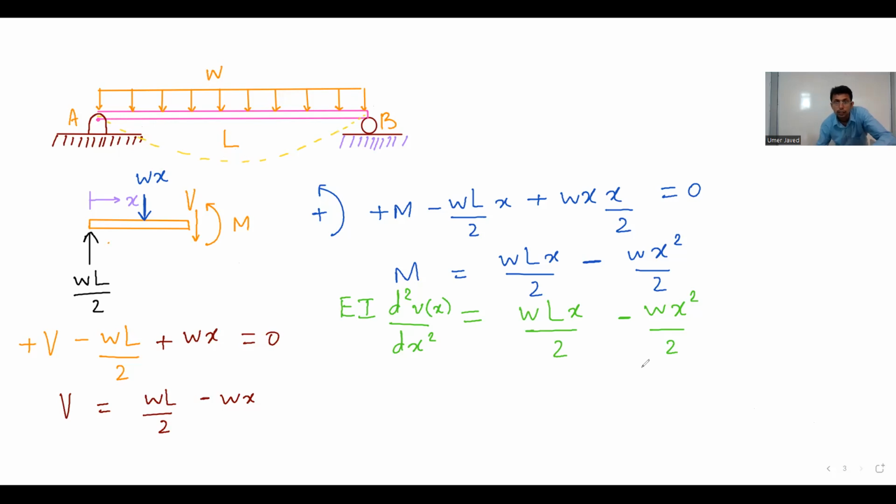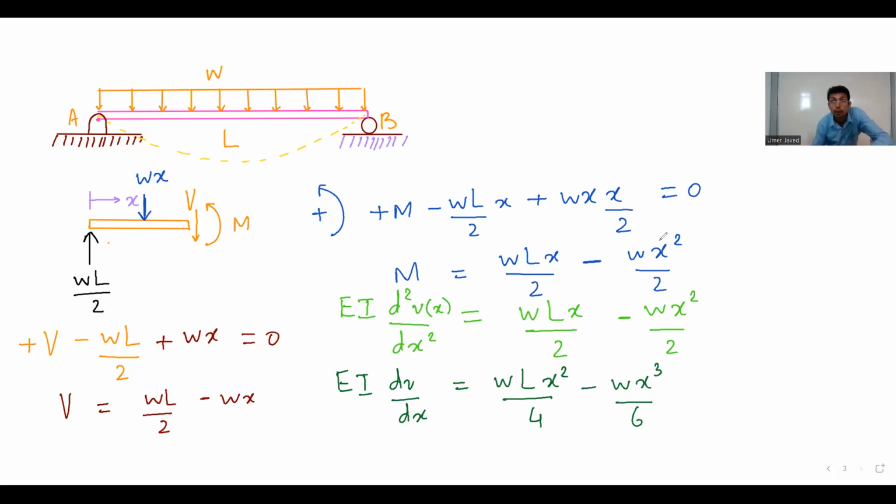Okay. Now that you have got this, why don't you integrate and tell me what will happen? It will be EI dV by dx is equal to WL x square over 4 minus W x power 3 over 6.